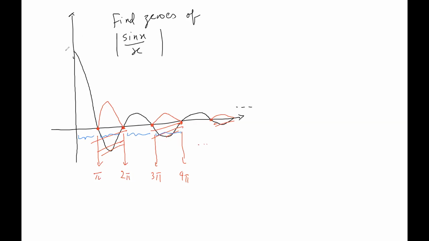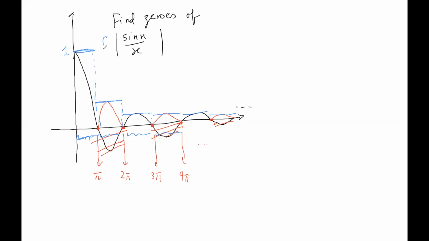Now, you can find that over this interval, the absolute value of this function is bounded by this constant. This constant over here is 1. And over pi to 2 pi it is bounded by another flat line, and over the next interval by this flat line, and this flat line, and so on, all right? So it's very simple.